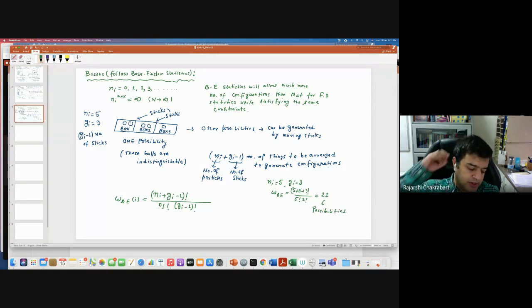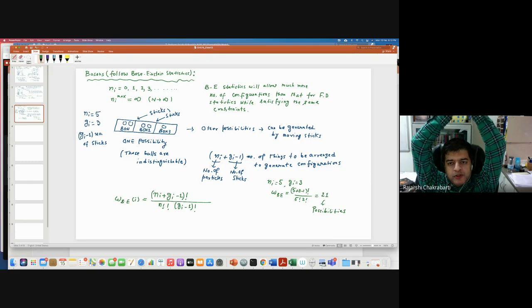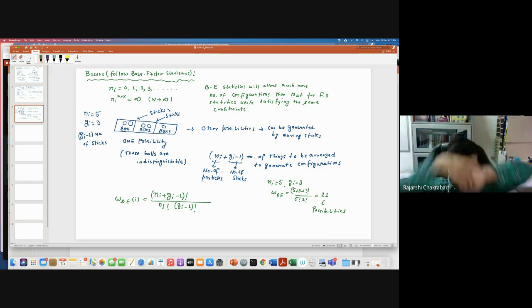And it is obvious that with the same constraint, bosons will have more possibilities than fermions. Bosons will have more possibilities than fermions. I can give you another example.